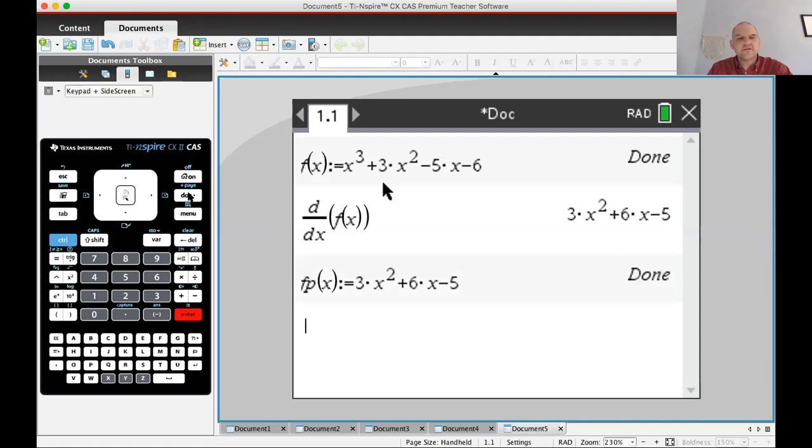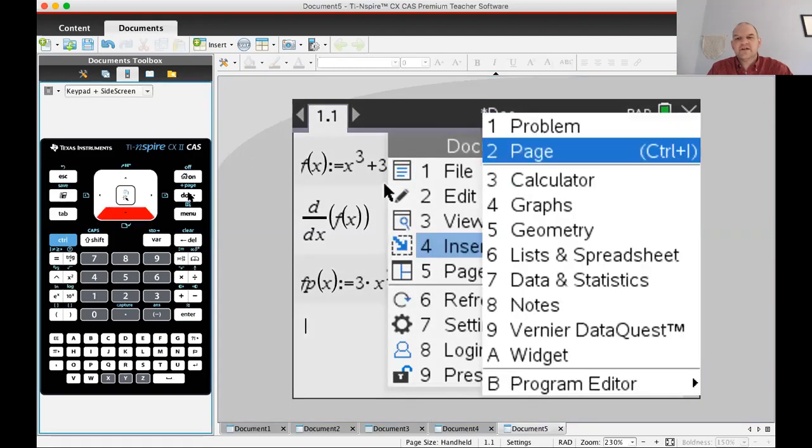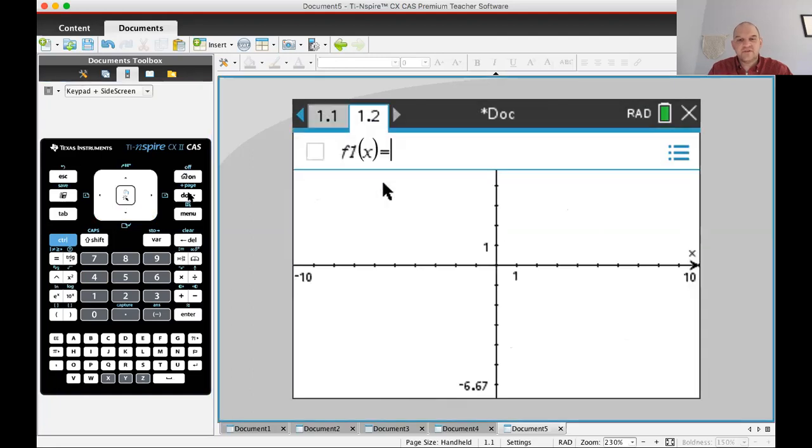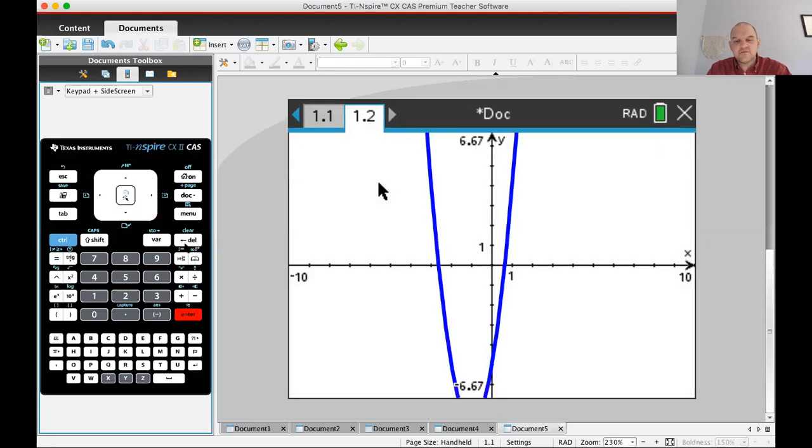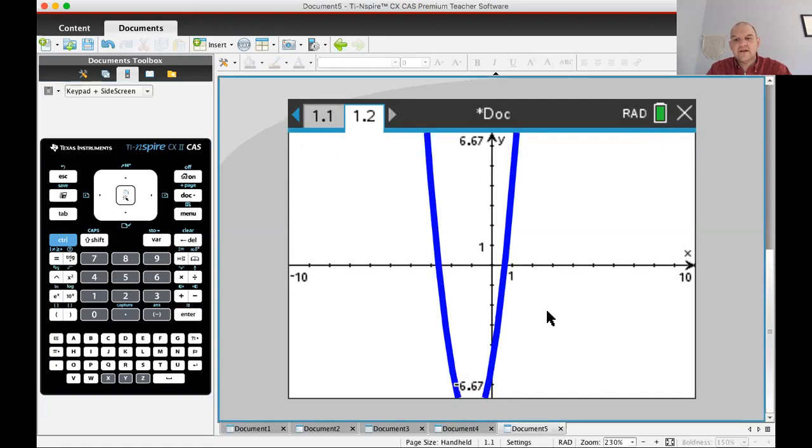Now, why would I do this? I don't have an example on hand, and it's possible that they've fixed this. It used to be the case that sometimes, so I want to graph fp, the first derivative, when you graphed the derivative and tried to find the zeros of the derivative, the calculator just wouldn't give you the coordinates. And that was super annoying.